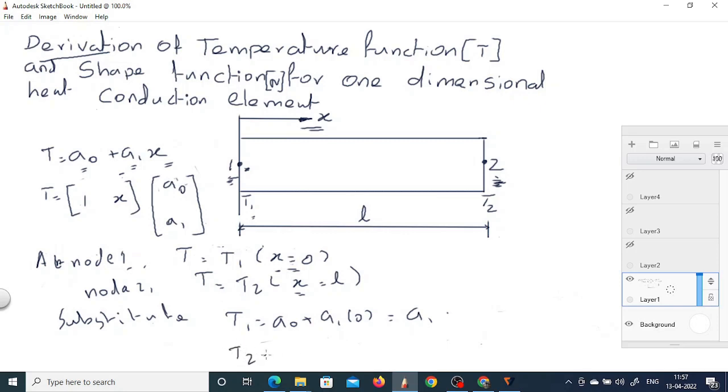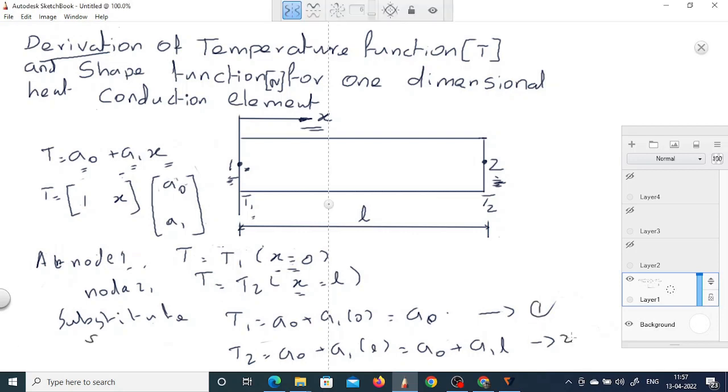And then what about T2? I substitute x equal to L, so T2 has the equation A0 plus A1 into L. Likewise, I can get two equations from the identified boundary conditions.